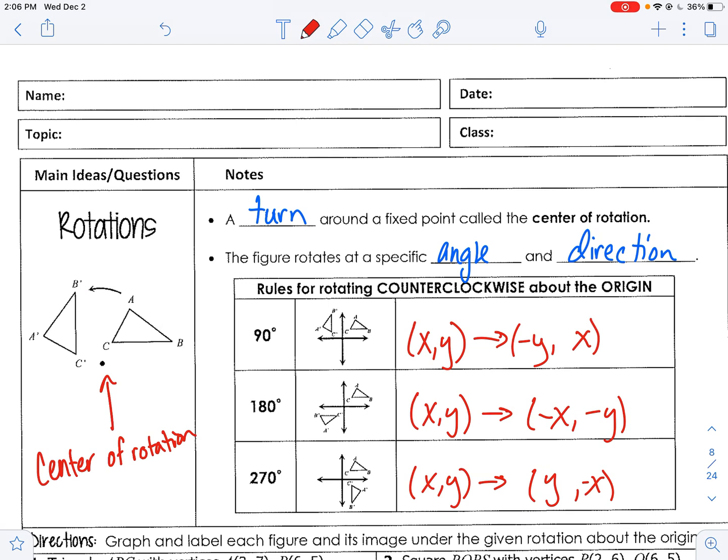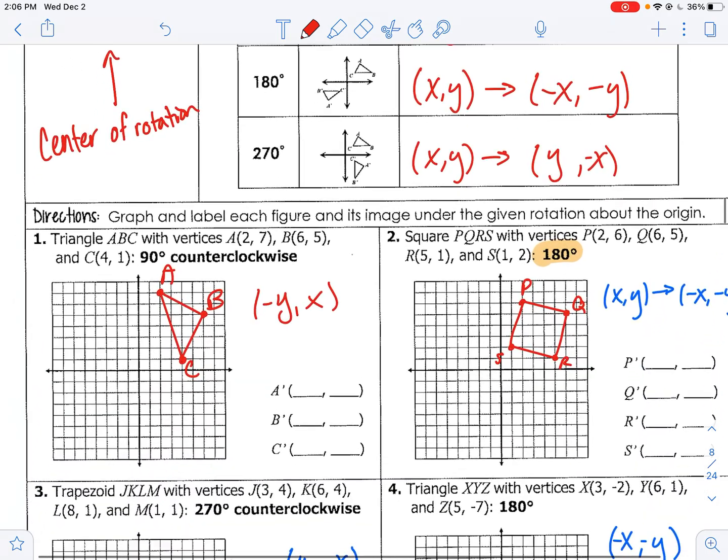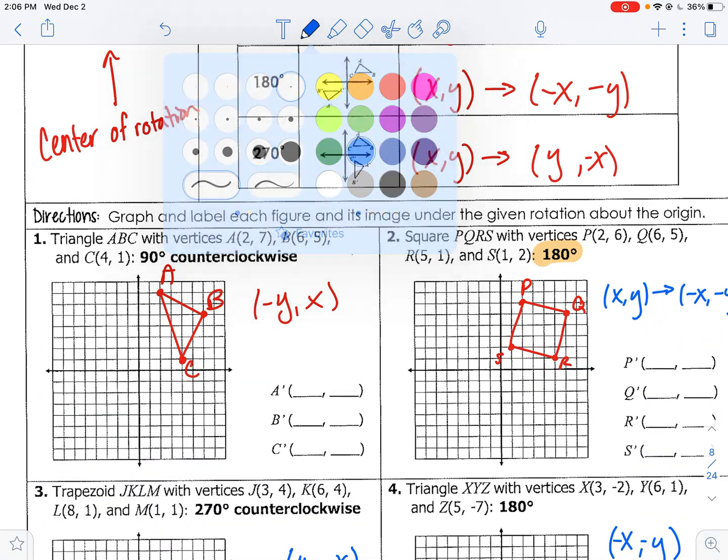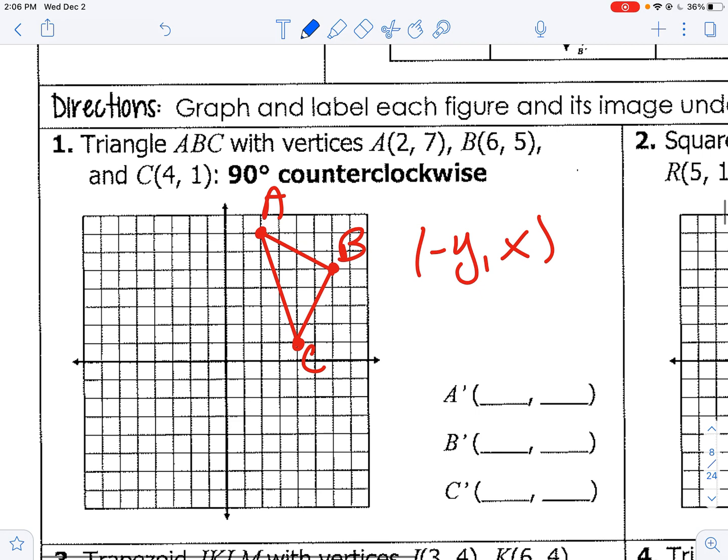And you're going to be given a specific angle that your pre-image is rotating to, and you will also be given a specific direction. Almost all the time it's going to be counterclockwise because we always go counterclockwise in math. Think about your coordinate grid here. You've got 4 quadrants.